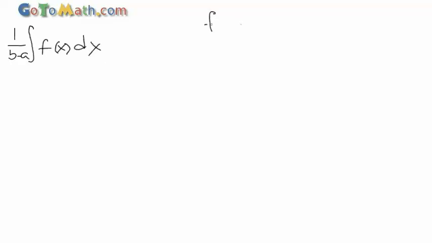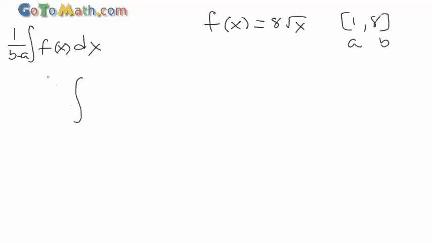So our f of x was 8 times the square root of x, and we were on the interval between 1 and 8. Remember this is a, b here. So we've got 1 over b minus a. This is 8 minus 1.